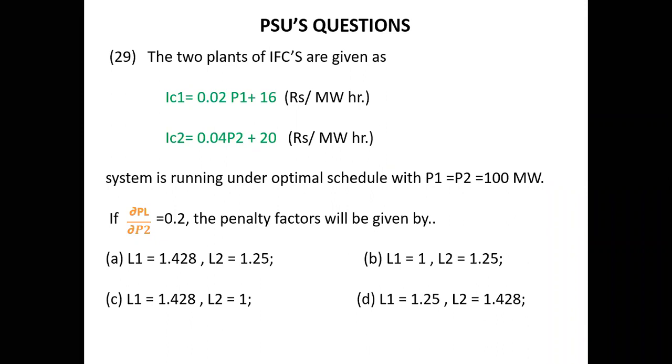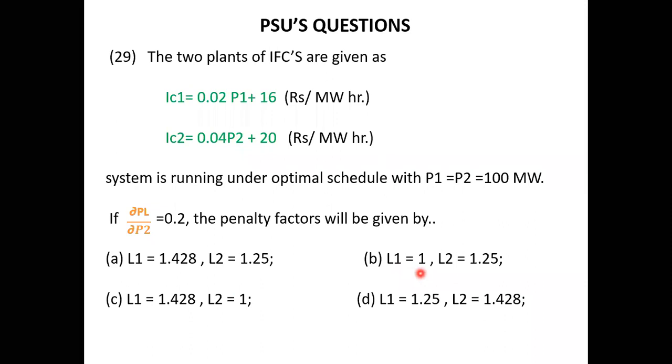Very good. 18 series 207 is giving that the L1 value is 1.428. So here we need to pick the answer between A and B. In one, the L1 value is 1.428; in the other, the L1 value equals 1. Now tell me, in which case will we get a penalty factor equal to 1? When the load is very near to that particular power plant, only in that case will we get a penalty factor equal to 1.